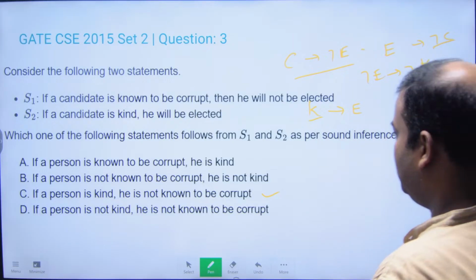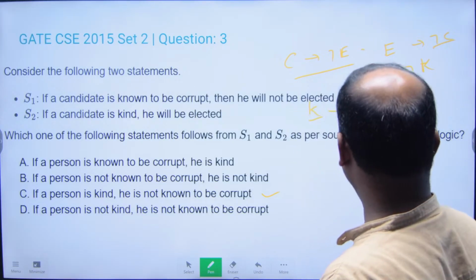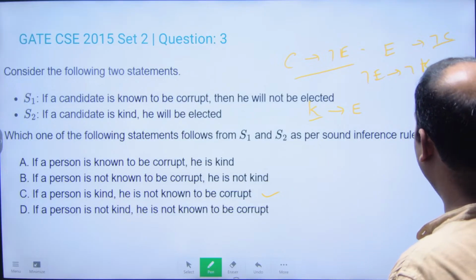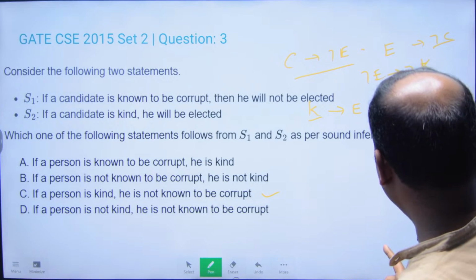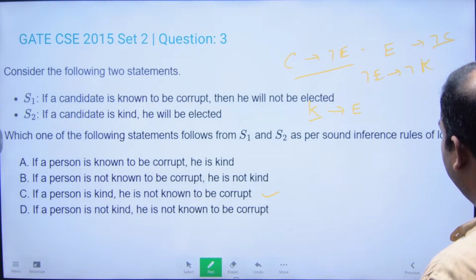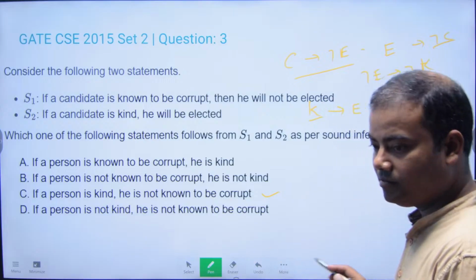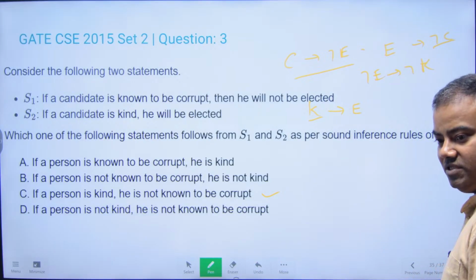If a person is not known to be corrupt, you cannot conclude. Not kind means not elected. Okay, so only C. Clear? Any doubt?